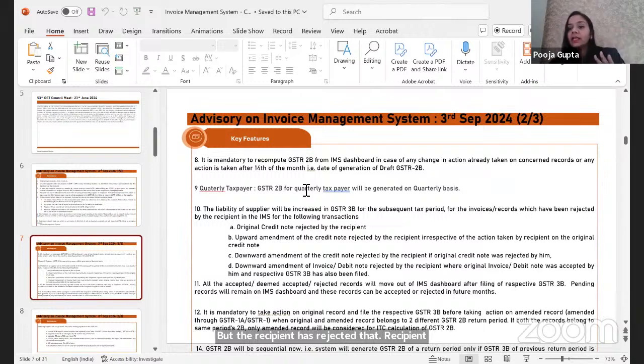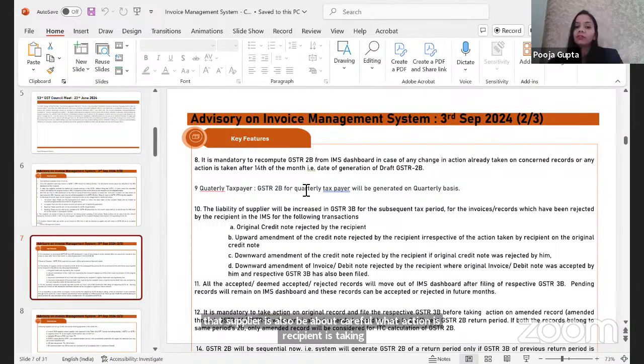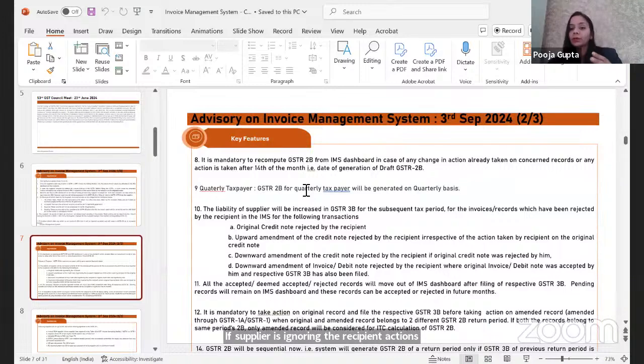Then it will increase the liability of the supplier in the subsequent month's GSTR 3B. So supplier also has to be careful about what action the recipient is taking. If the supplier is ignoring the recipient's actions, then it is automatically going to impact the supplier as well.